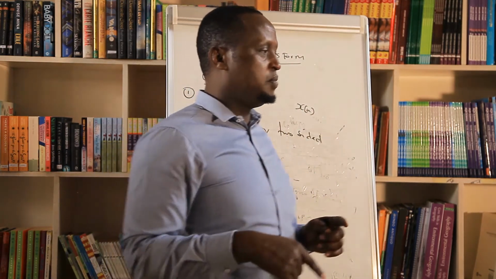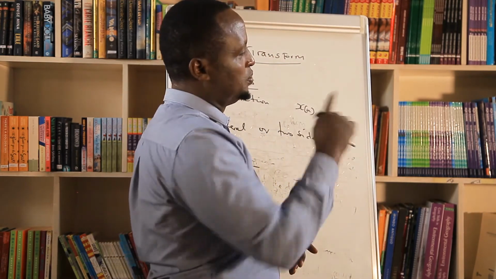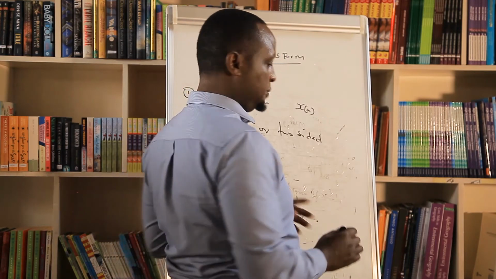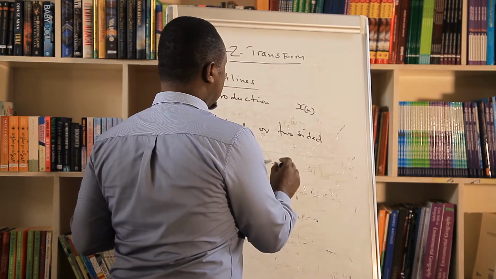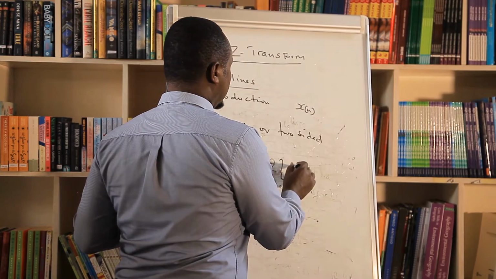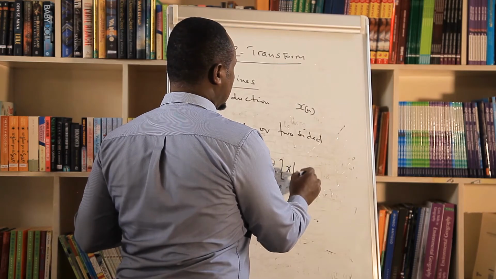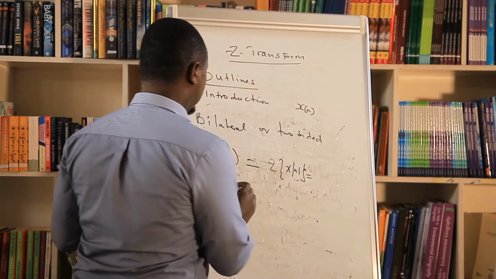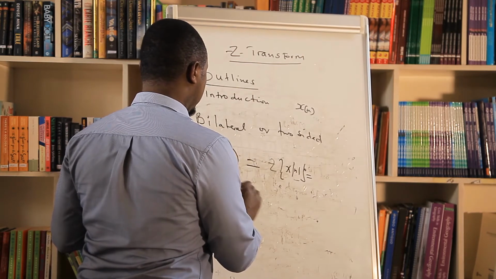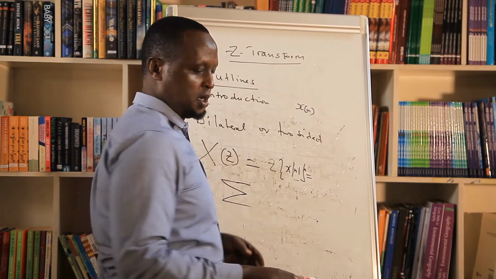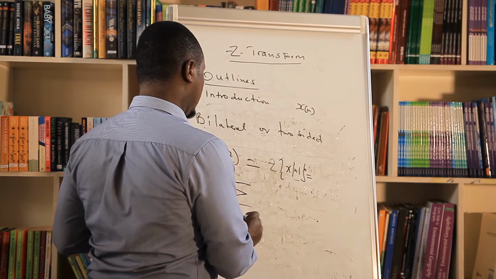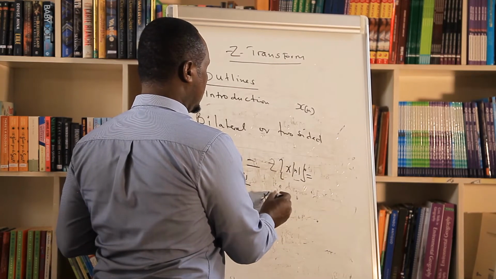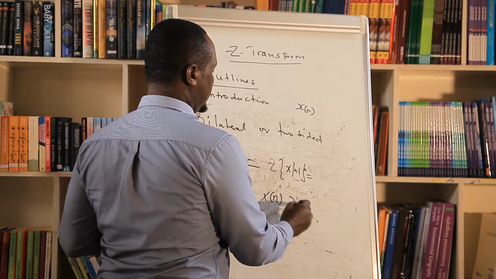Once they are combined, from negative infinity to positive infinity, in the clockwise direction, the summation here is going to be X of z with respect to x of n, the summation from n equals negative infinity to infinity of x of n times z power n.